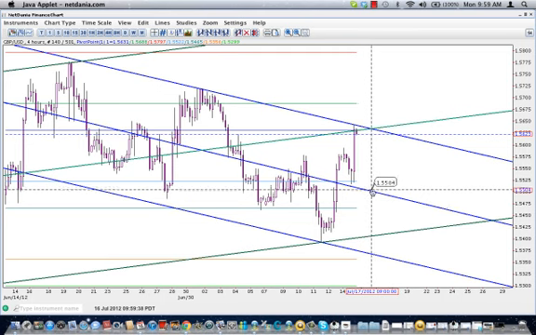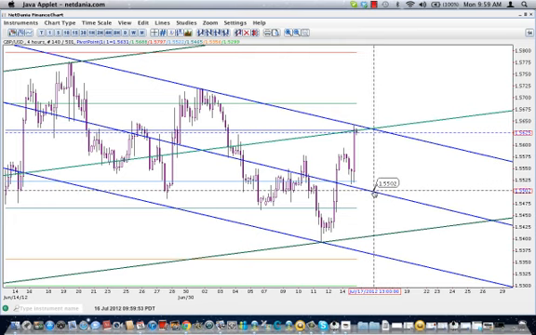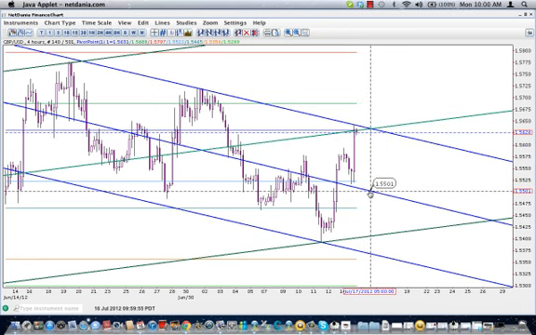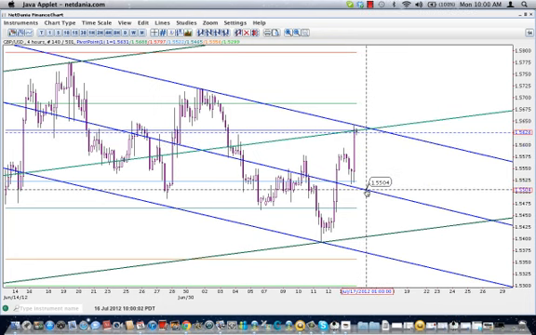The reason is that 55.00 is a round number, and we have a confluence with the median slope. But this is assuming that price is going to hit here within the next day, by the end of tomorrow.